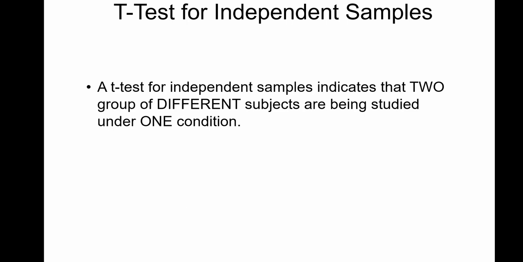It's an independent samples t-test because the 2 groups are completely independent of each other. An example of this would be males versus females. Some people are male, some people are female, 2 different groups being studied. You could also say classroom A or classroom B, 2 different sets of students within the 2 classrooms.